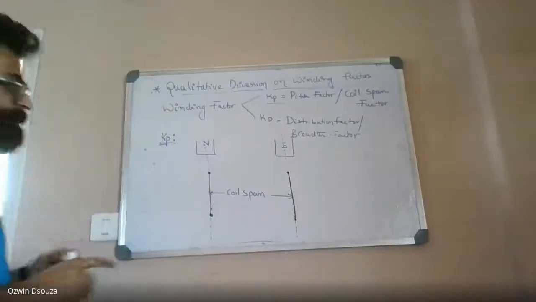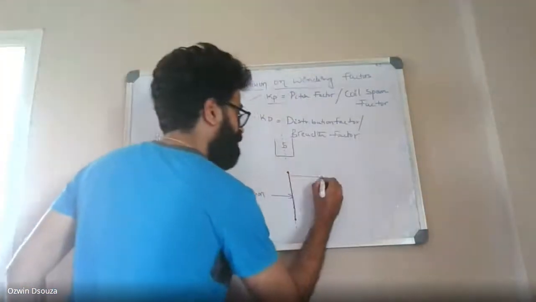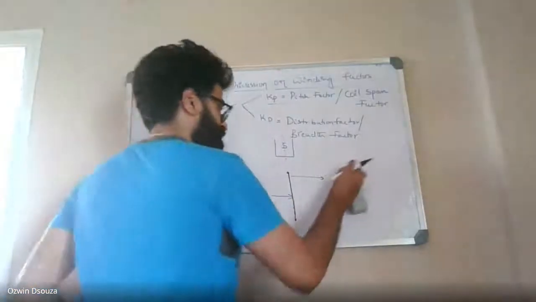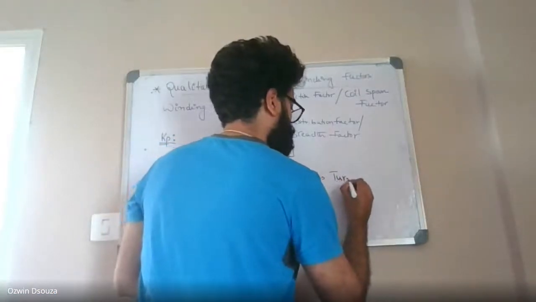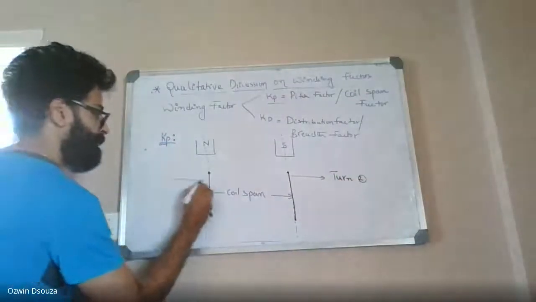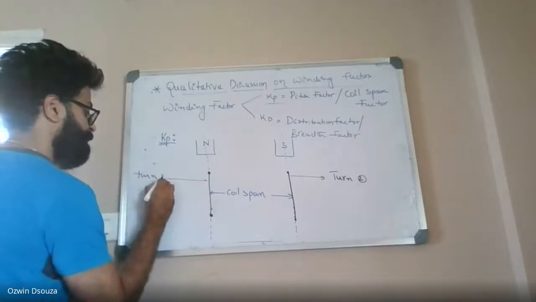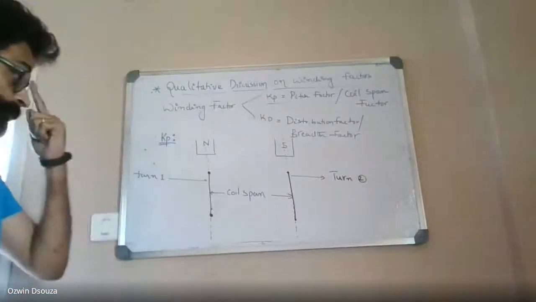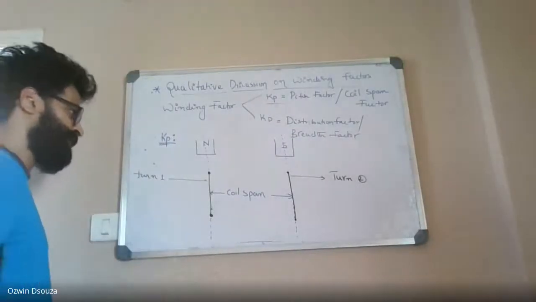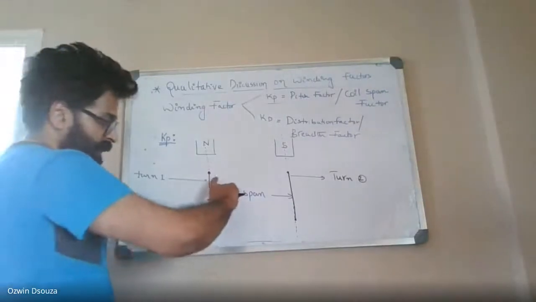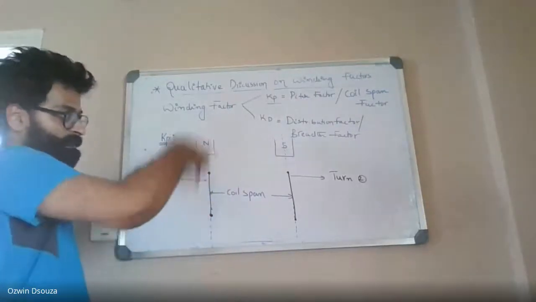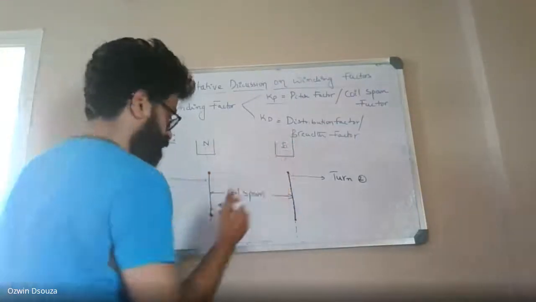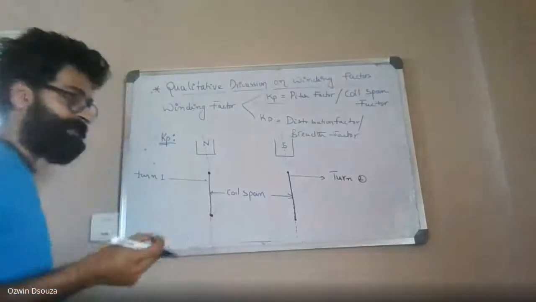This is turn 1 and turn 2. When you place one coil such that it coincides with the center of the north pole and the other with the center of the south pole, then we call it a full pitched winding.